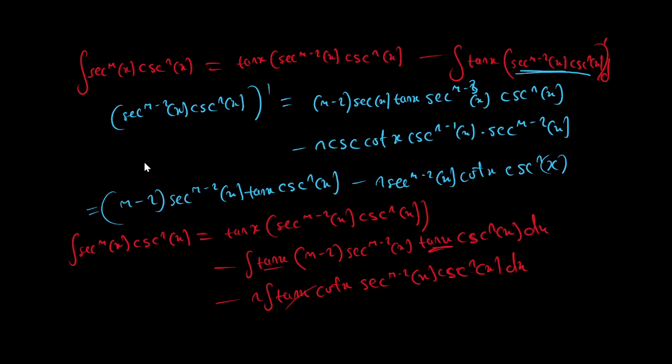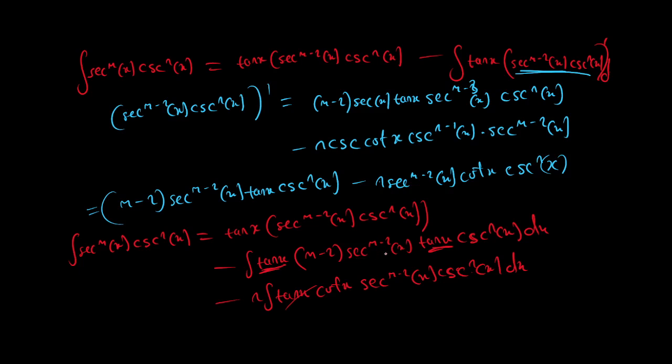So from the previous page, we have that the integral of secant to the m of x cosecant to the n of x is equal to tan of x multiplied by secant to the m minus 2 of x and then cosecant to the n of x. Then we are subtracting first of all the integral. From the previous page, we see that tan of x times tan of x will give you tan squared of x.